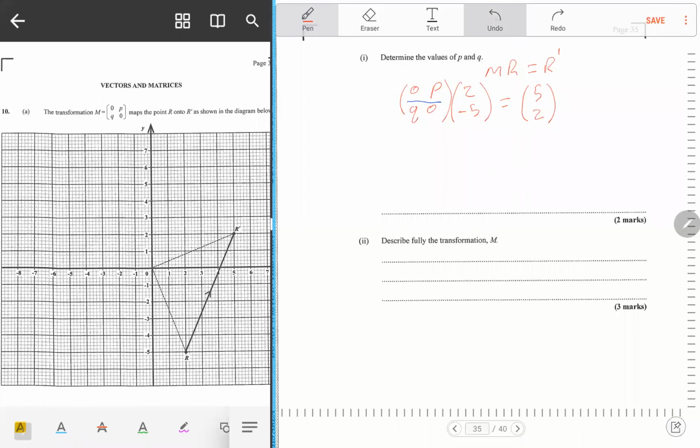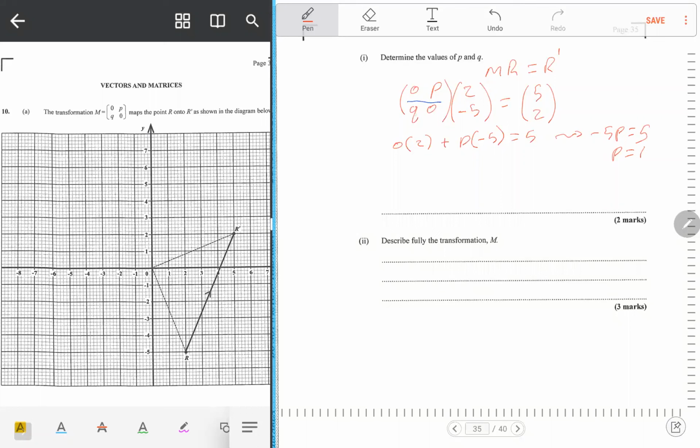So 0 times 2 plus P times -5 will be equal to 5. This means that -5P is equal to 5, and so P is equal to -1.